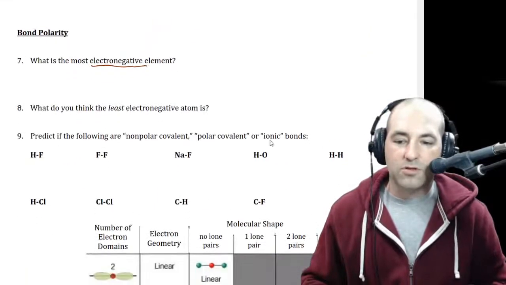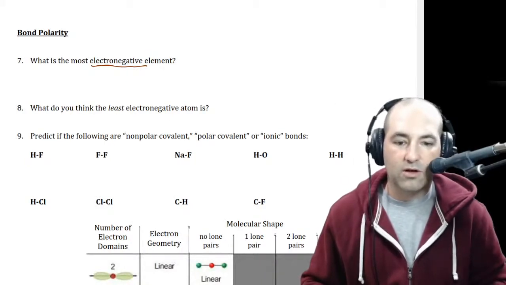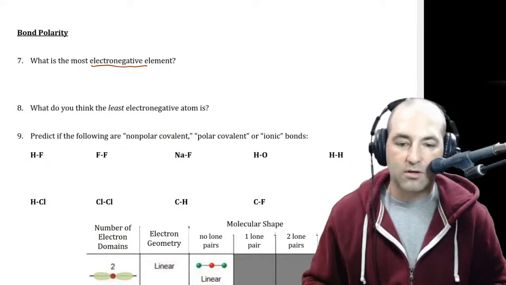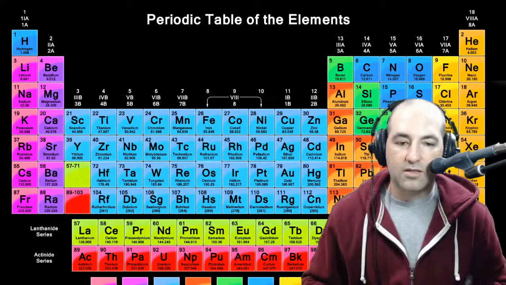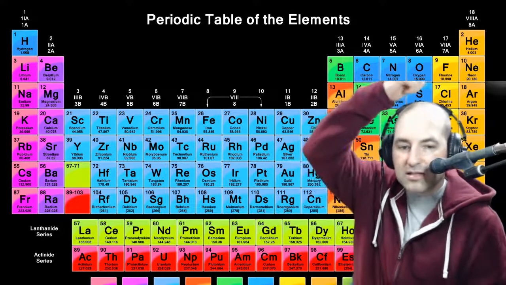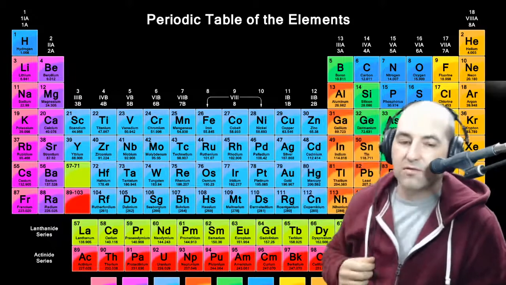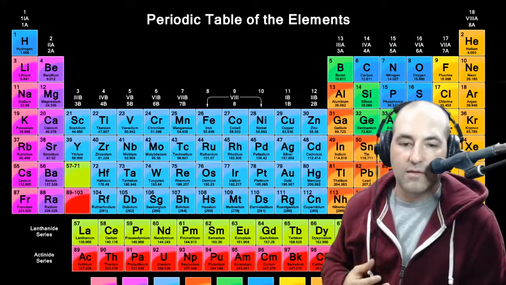So just thinking about those trends, what do you think the least electronegative atom is? Even without looking this up on that table, if we just look at our periodic table here, we can probably guess, if fluorine is the highest electronegativity, and remember we kind of ignore the noble gases over there because they don't really form these compounds much.